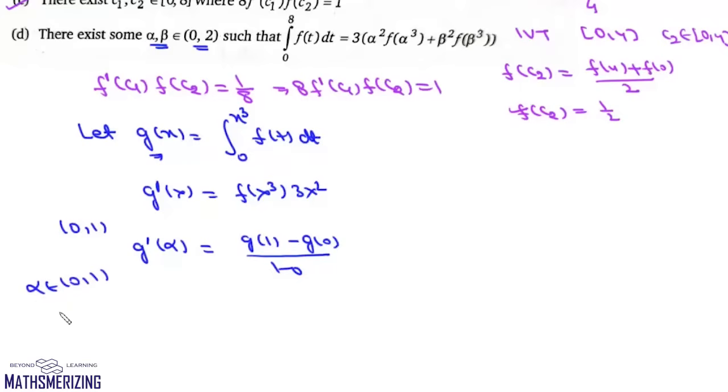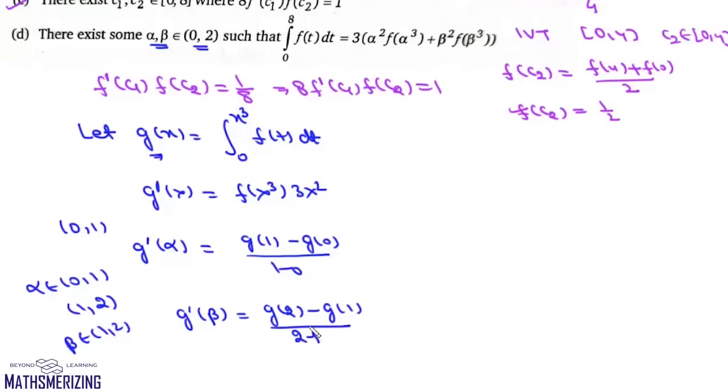And then we'll use the LMVT theorem again in the interval 1 to 2, and we can write there exists a point beta in the interval 1 to 2 such that g dash beta will be equal to g2 minus g1 upon 2 minus 1. Now g dash alpha will be 3 alpha square f alpha cube and g dash beta will be 3 beta square f beta cube. So if we add them, we can write 3 alpha square f alpha cube plus 3 beta square f beta cube, and it'll be equal to g2 minus g0.